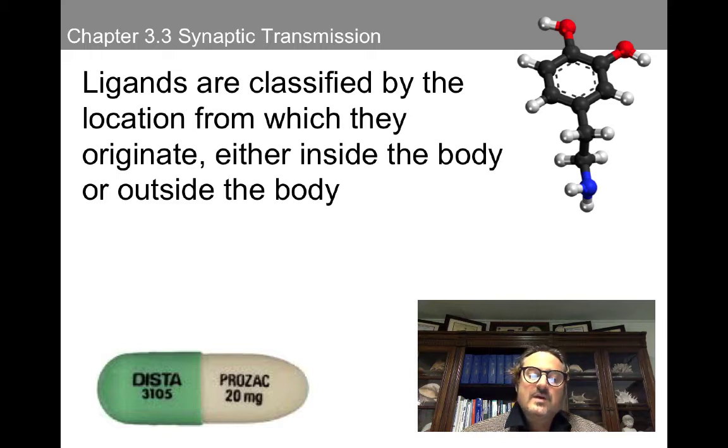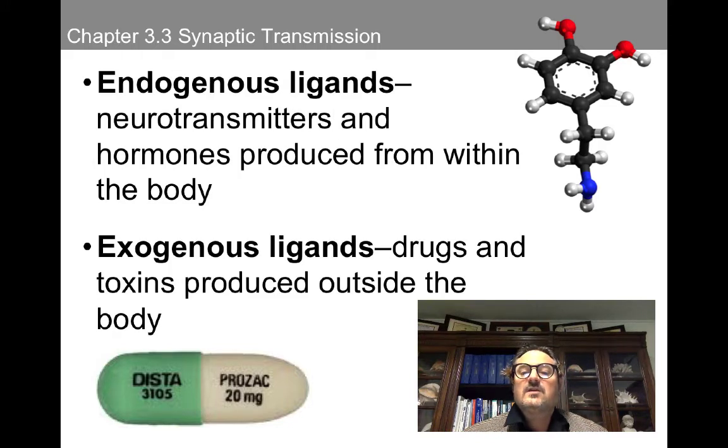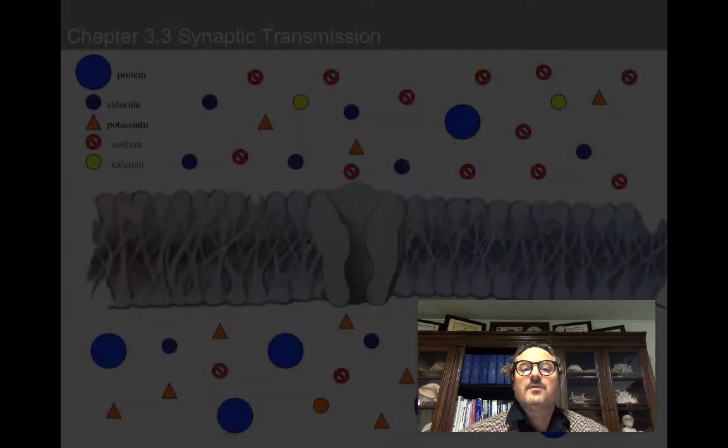Below, to our left, we actually have Prozac. Prozac's not produced by your body. It's manufactured. So we would say that dopamine is an endogenous ligand. It's a neurotransmitter that's produced within the body. Exogenous ligands are drugs and toxins produced outside of the body.